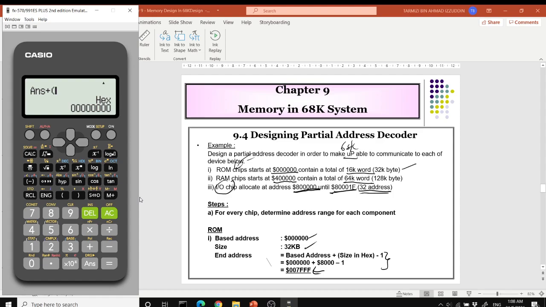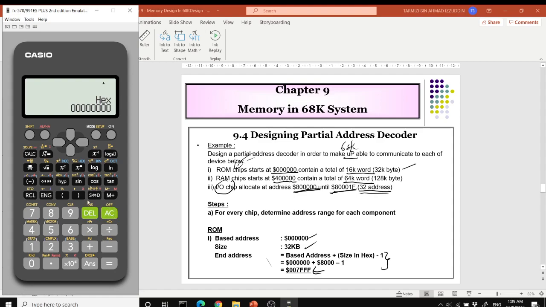For our ROM, we are using 16 kilowords, equivalent to 32 kilobytes. 1 kilobyte is 1024, so you multiply by 1024.